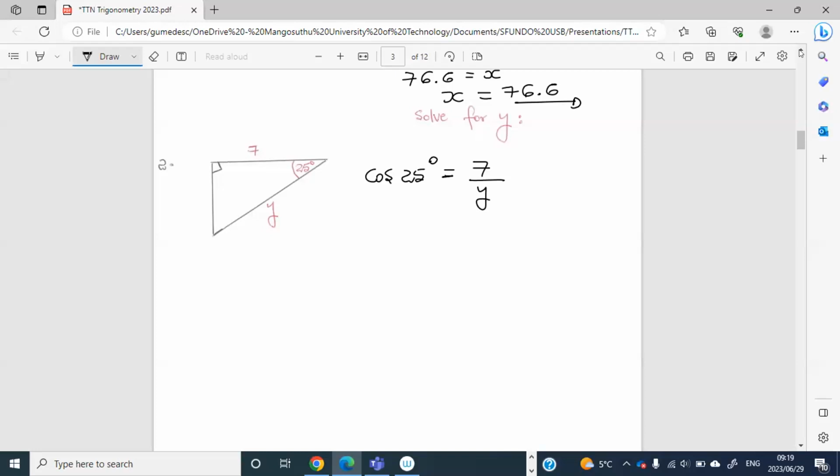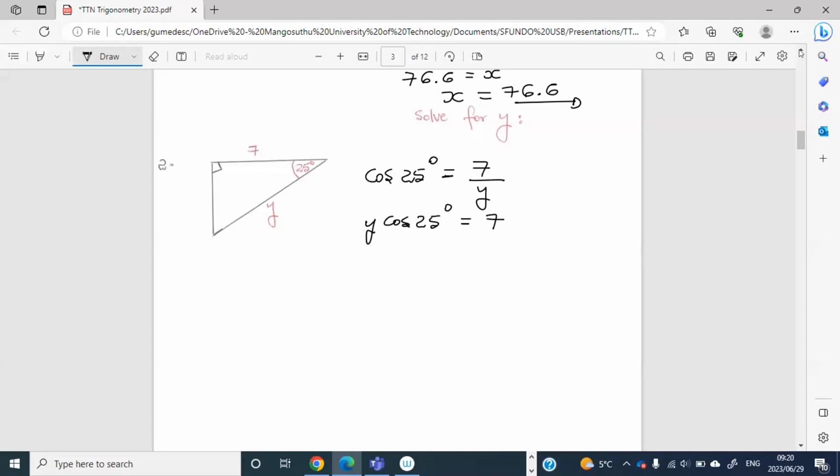So we'll have y cos 25 degrees is equal to 7, because when multiplied by y, this y would be dividing this y. So we'll have y cos 25 degrees is equal to 7.